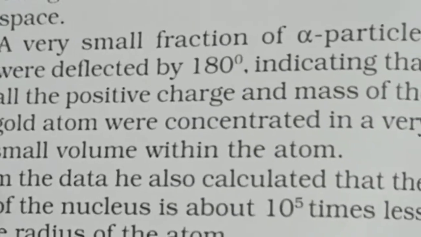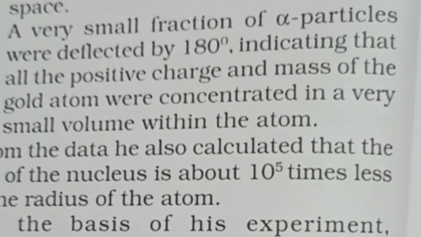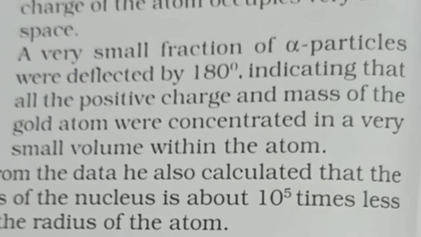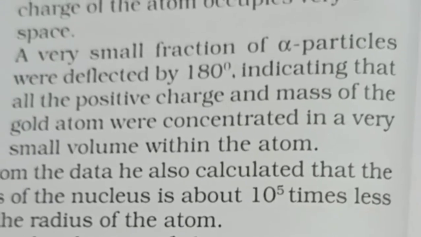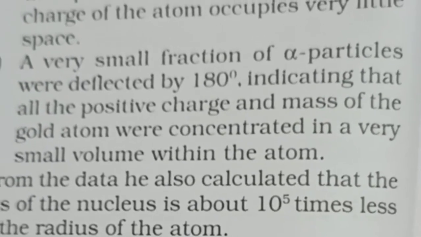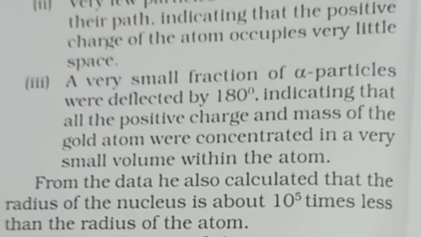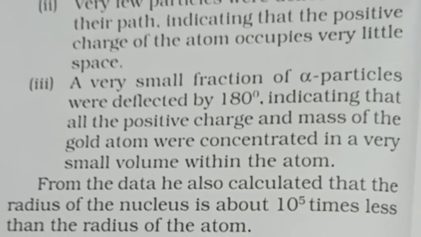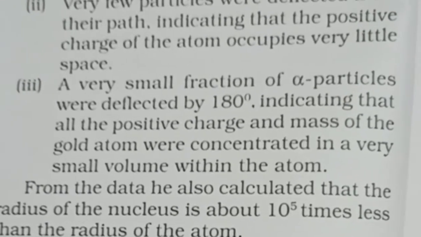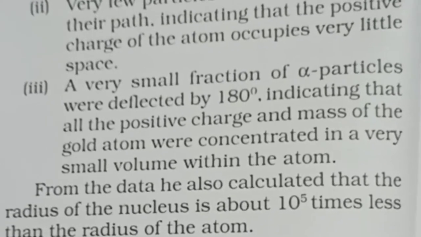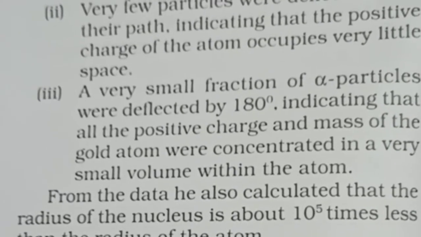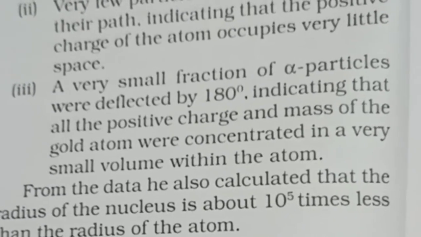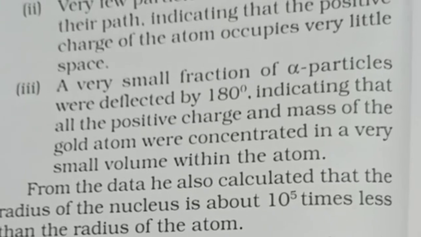A very few fraction of the particles were deflected by 180 degrees, indicating that all the positive charge and mass of the gold atom were concentrated in a very small volume within the atom. Rutherford also calculated that the radius of the nucleus is about 10 to the power 5 times less than the radius of the atom.